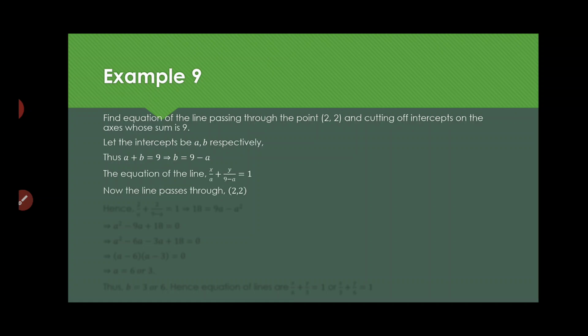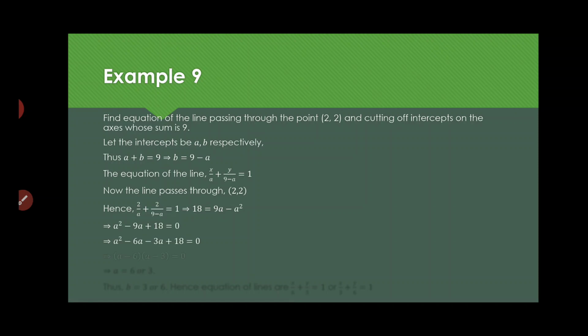If we put it in and solve, that is 2 by a plus 2 by (9 minus a) equals 1, and after a few steps that I have skipped, you get 18 equals 9a minus a squared, and then you have a quadratic equation.